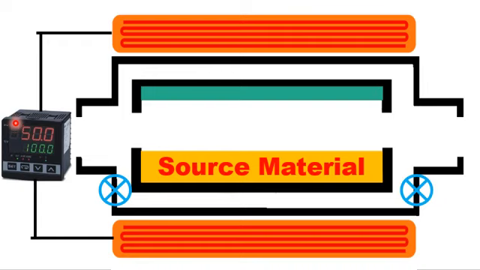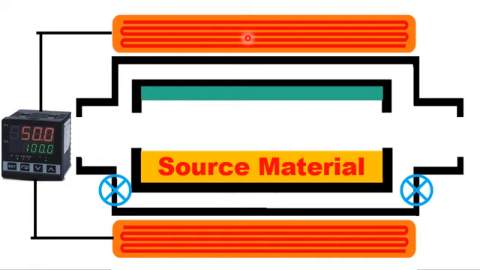So in just 1 minute the temperature will be increased by 10 degrees centigrade above room temperature, and after another minute the temperature will further increase by 10 degrees centigrade, and similarly after some time the temperature of the heater will reach the desired temperature which we want to use in the closed space sublimation apparatus. Now dear students, when you reach the melting temperature of the source material, you can fix the temperature of the heater at that point.